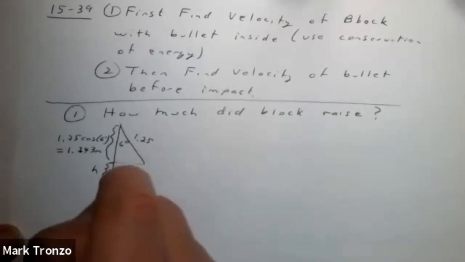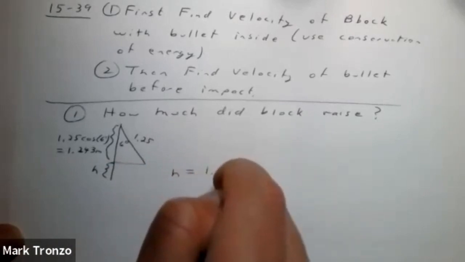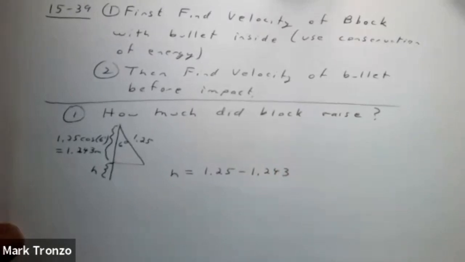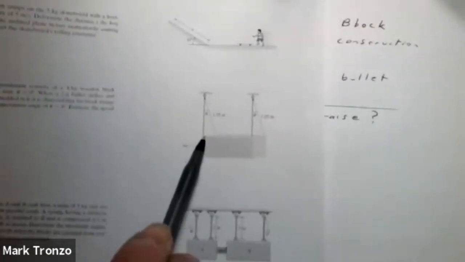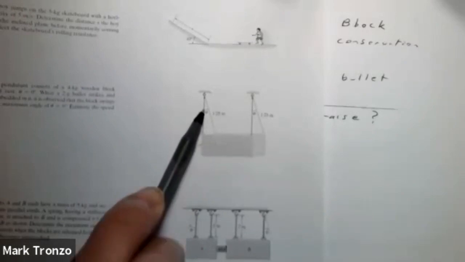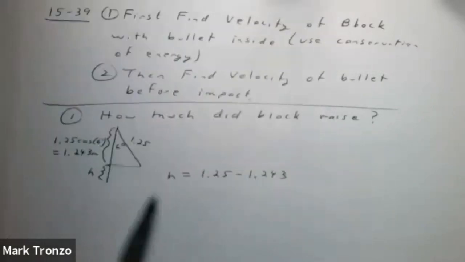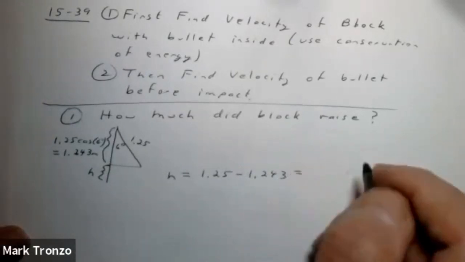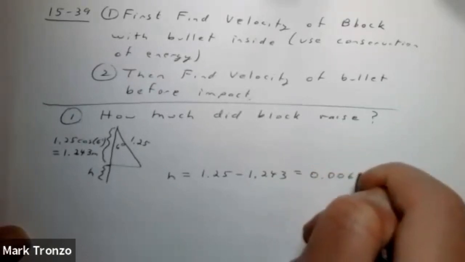That means the height that it raised up is going to be the original 1.25 minus 1.243. That's how much the block went up. If you look at your picture, this has moved from here to here. So if you find that distance, that's going to be the increase in height. When you subtract, that's 0.0068 meters.